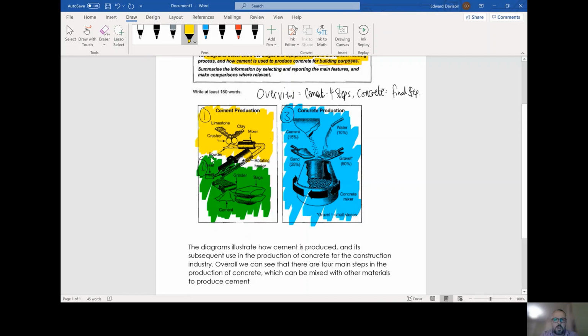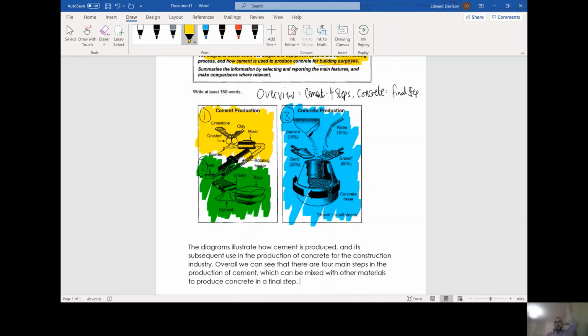That should be the other way around, sorry. 4 main steps in the production of cement. This is why I'm an English teacher, not a builder. Can be mixed with other materials to produce concrete in a final step. Okay, so I've got my introduction, I've got my overview.